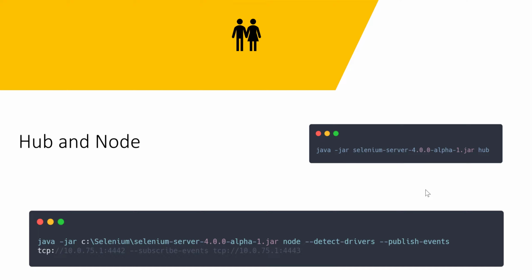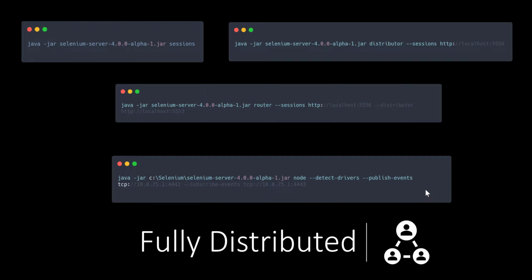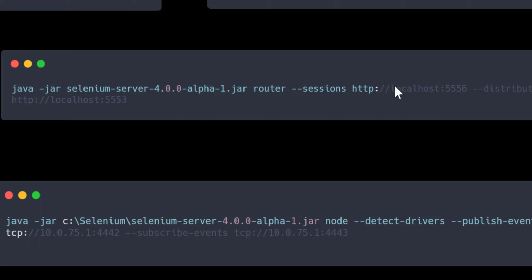The last option is the fully distributed option. In the fully distributed option, you need to specify the session, as you can see here. Once the session is established, you need to distribute this session to localhost at port 5556. This session is going to be used for the router, which passes the session to the HTTP, which is used for subscribing to these events and sessions at the node level.